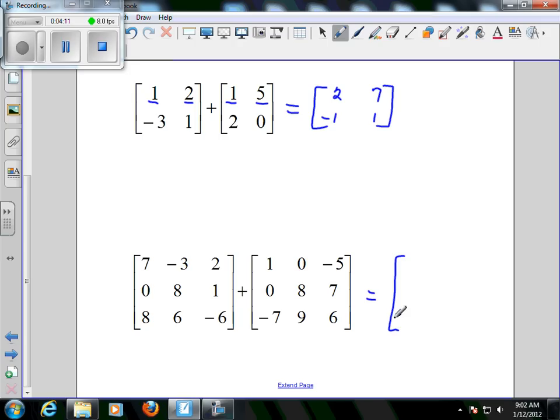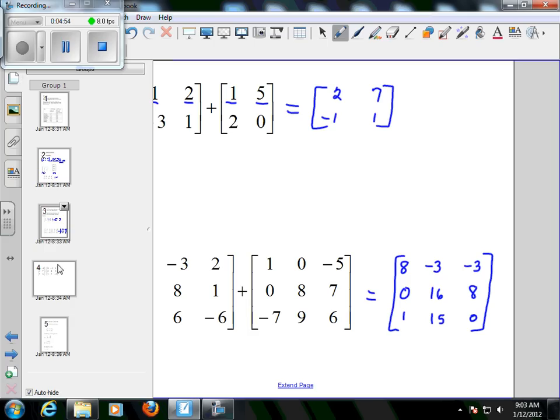So again, we're going to add together the entries in the same corresponding positions. 7 plus 1 is 8. -3 plus 0 is -3. 2 plus -5 is -3. 0 plus 0 is 0. 8 plus 8 is 16. 1 plus 7 is 8. 8 plus -7 is 1. 6 plus 9 is 15. And -6 plus 6 is 0. So the resulting matrix also has the same order of the 2 matrices that you were adding together.